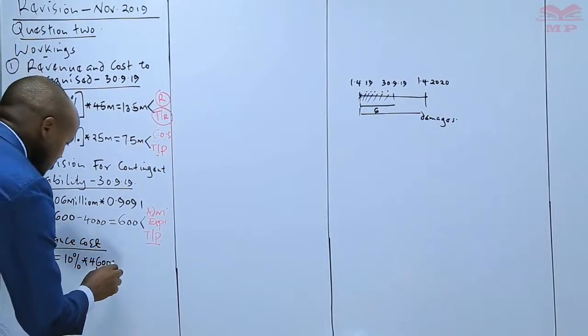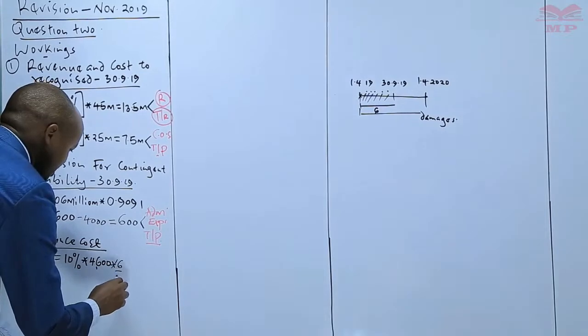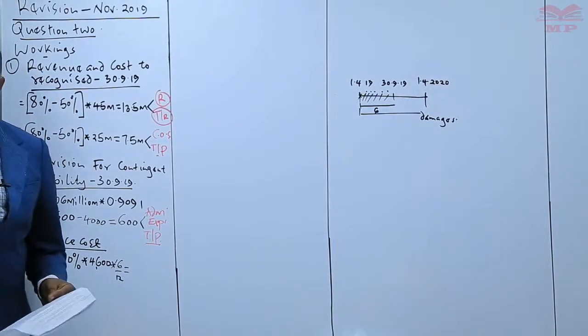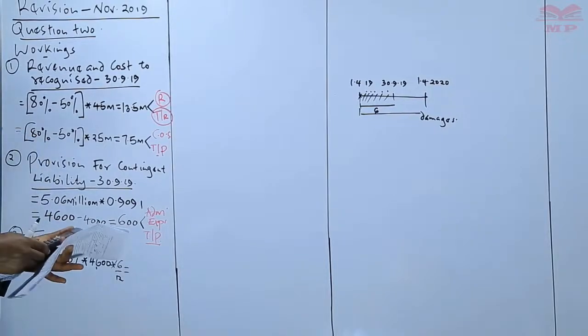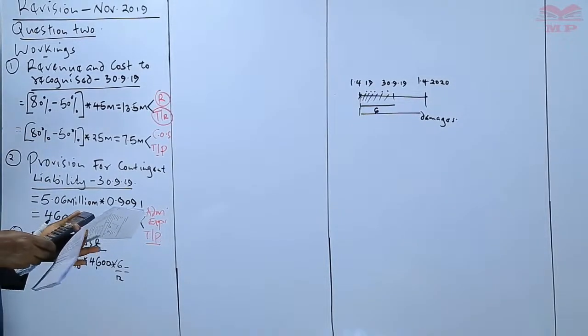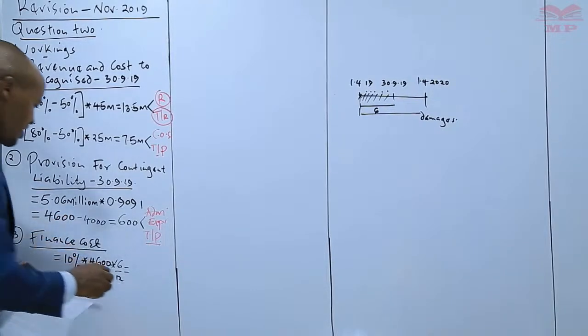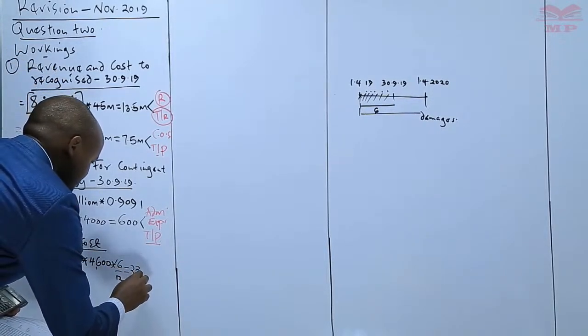So we need to multiply that by 6 over 12, and we get the amount which will be recognized as a finance cost for the current financial year. So we have 10% times 4,600 times 6 over 12, and that will give us 230.